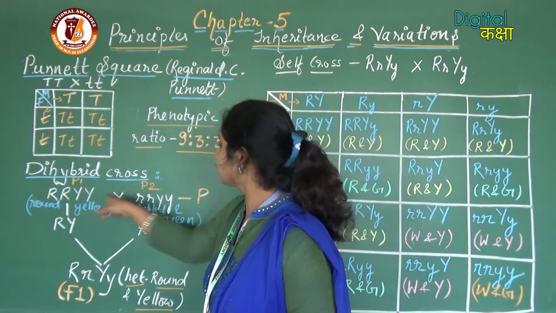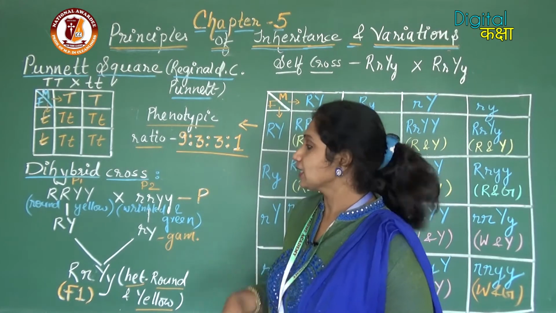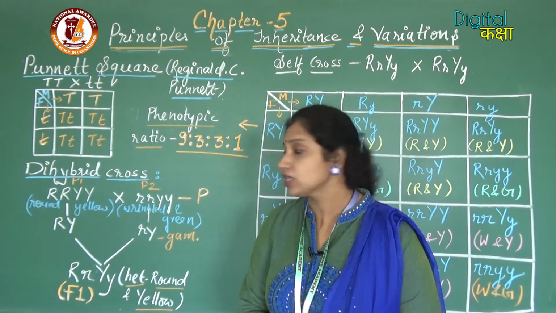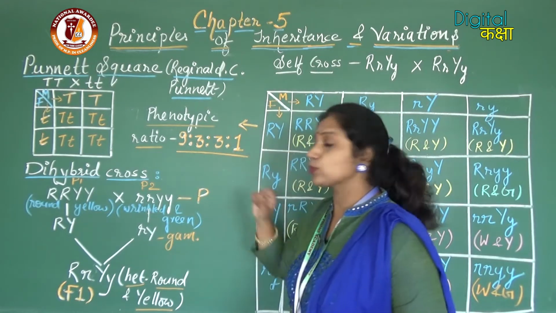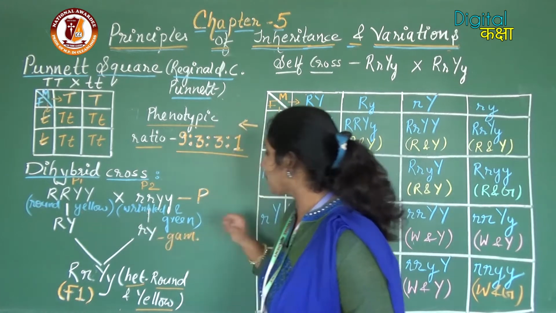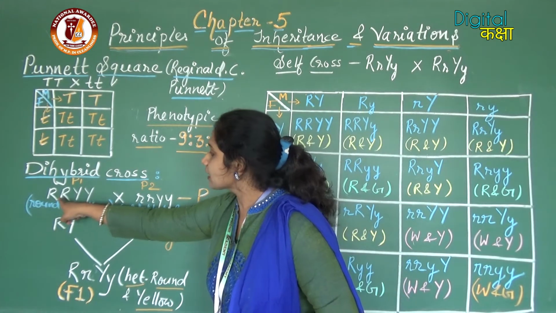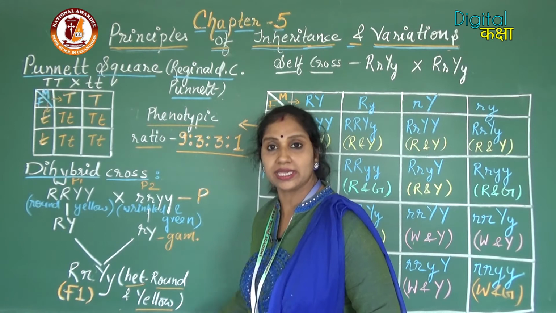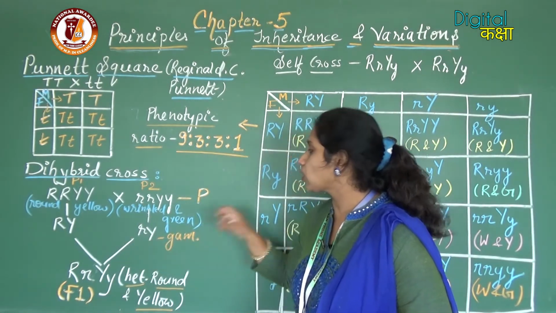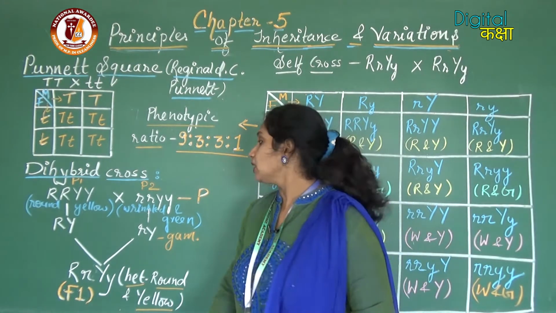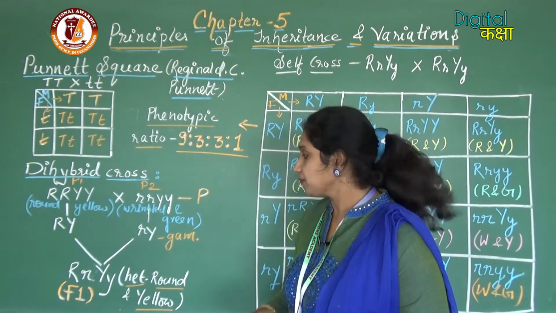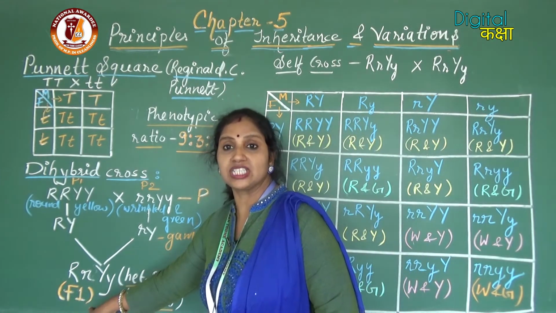So here we took the pure lines, that is pure round and yellow and pure wrinkled and green. Now these two plants will act as the parents. As they give the gametes, you can see that capital R and capital Y will form the gamete here, and small r and small y will form the gamete here. After that, both gametes will combine to form the F1 generation.